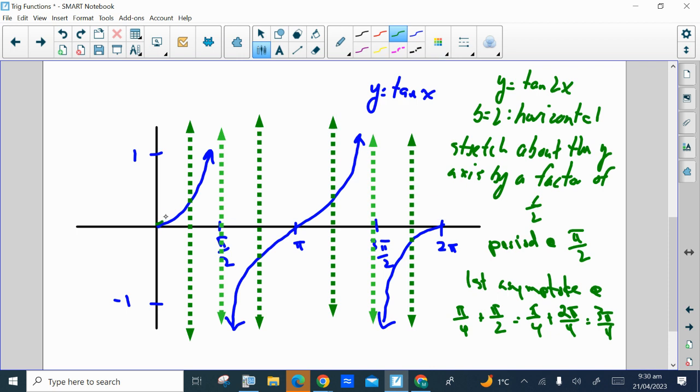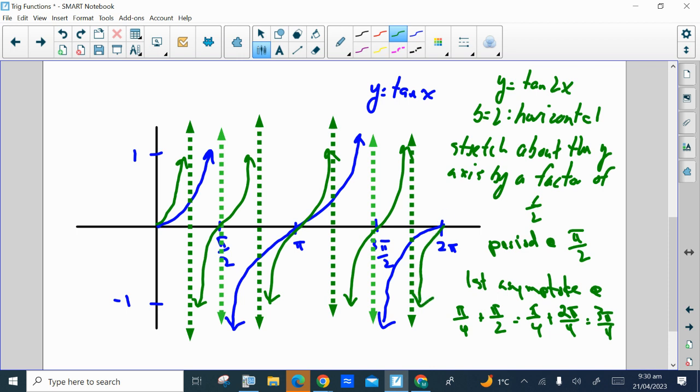And so this will be the new graph. So that is the graph for tan 2x.